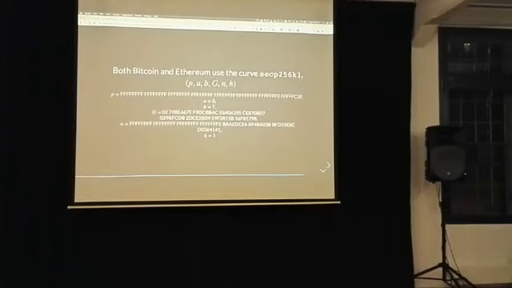So both Bitcoin and Ethereum use a curve called SEC 256K1, which is a curve with the following domain parameters. This is not an NSA curve. There's two big groups of curves: the NSA ones, and then the SECG ones by the working group called Standards for Efficient Cryptography.